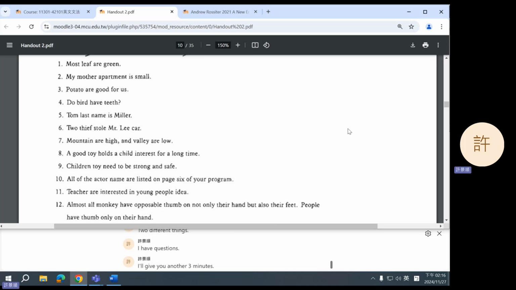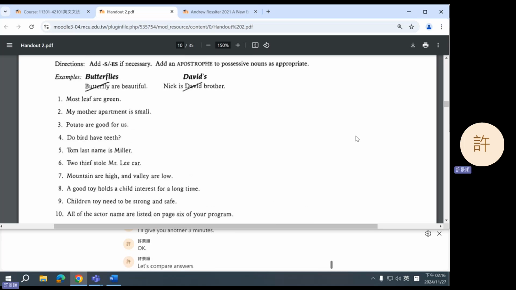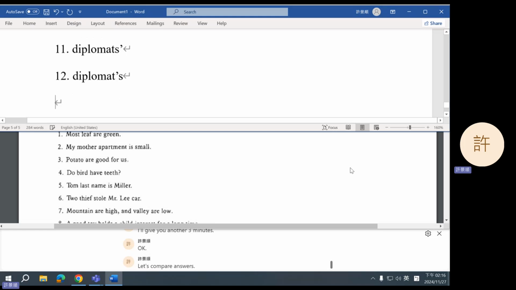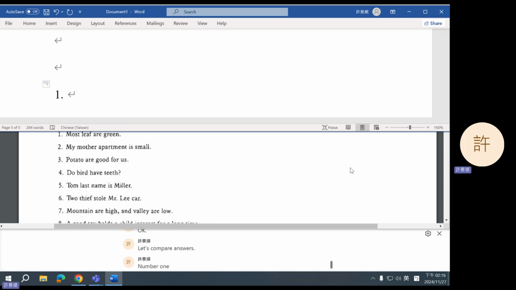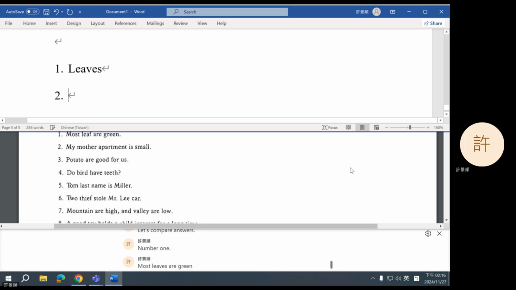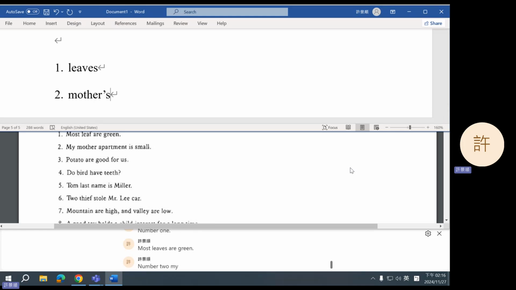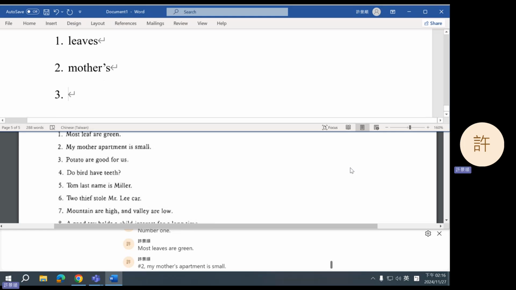Okay, let's compare answers. Number 1, most leaves are green. Number 2, my mother's apartment is small. Number 3, potatoes are good for us.